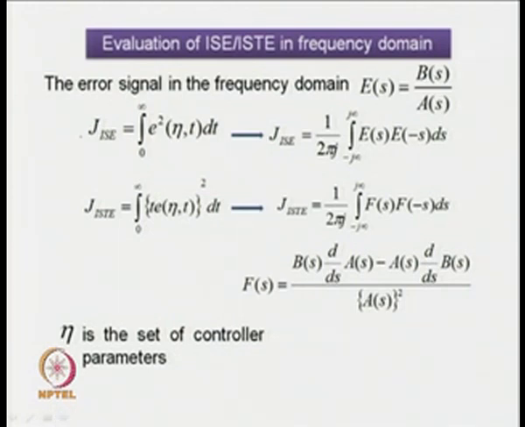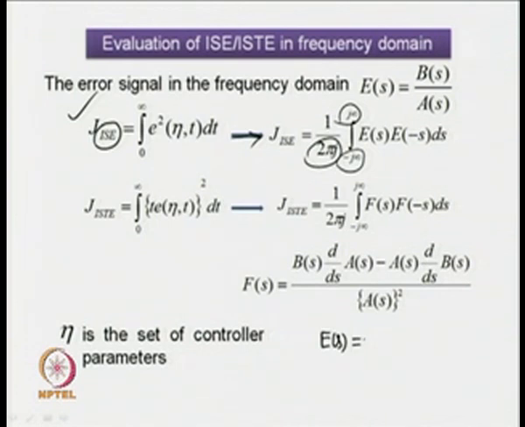Using the relation that the ISE criterion, expressed as integration from 0 to infinity of e squared(eta, t) dt, has its equivalent representation in frequency domain in the form of 1 upon 2 pi j times integration from minus j infinity to j infinity of E(s) E(-s) ds, where E(s) is available in transfer function form.